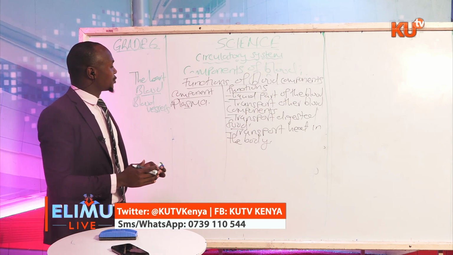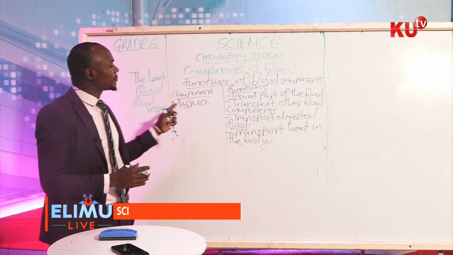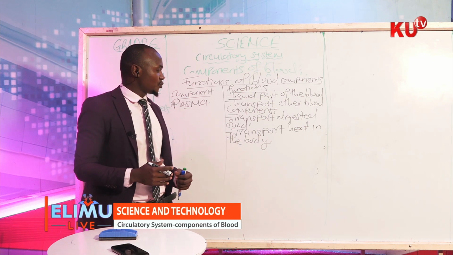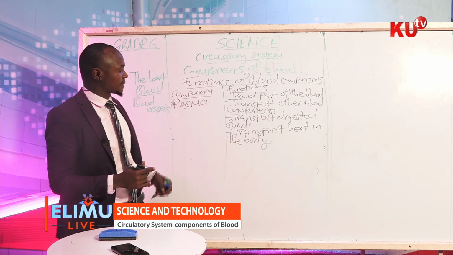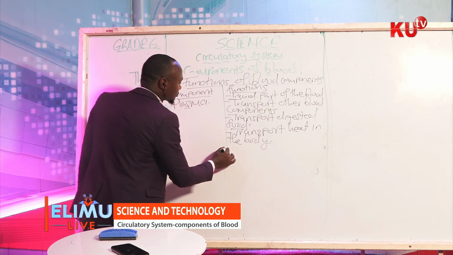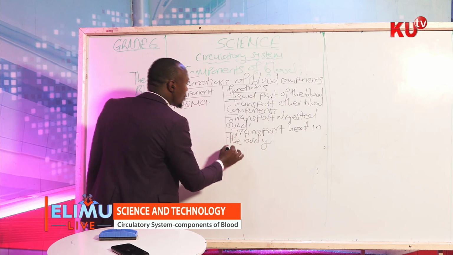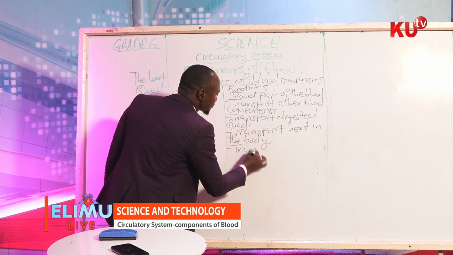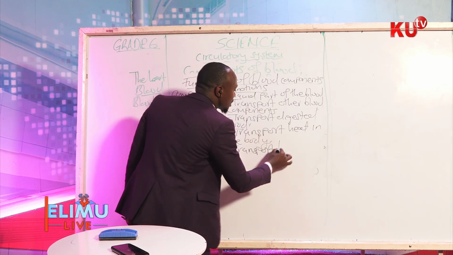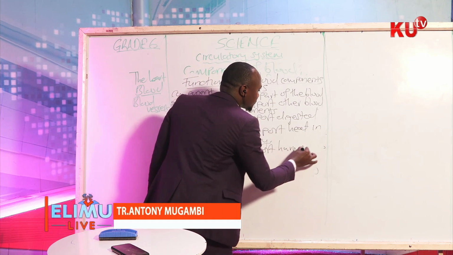When the heat is produced in the liver, it is the work of the blood plasma to transport that heat to our body parts. Plasma also transports hormones in the body.